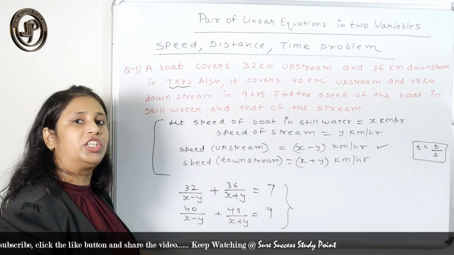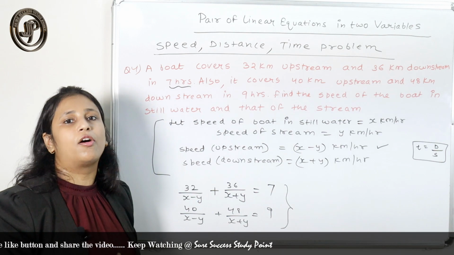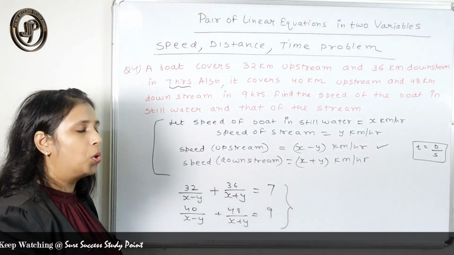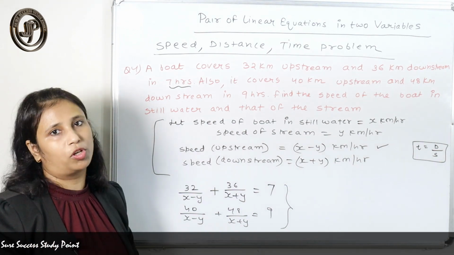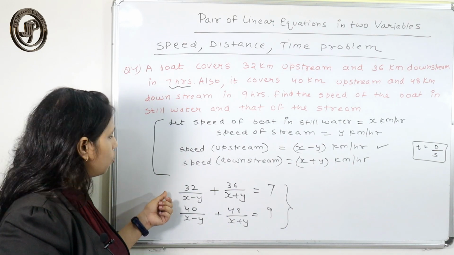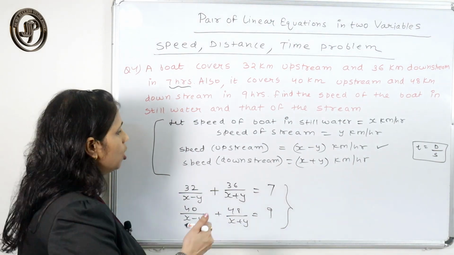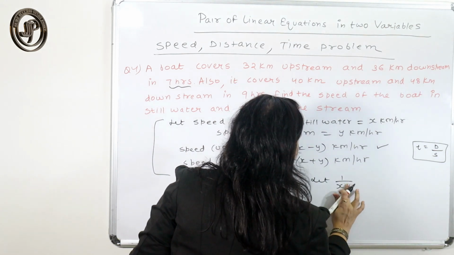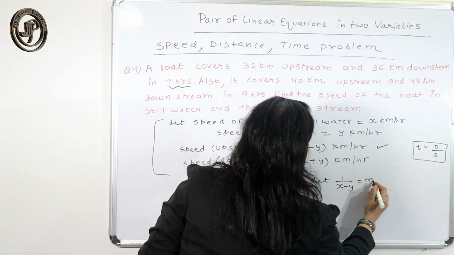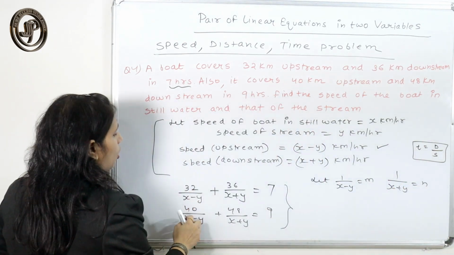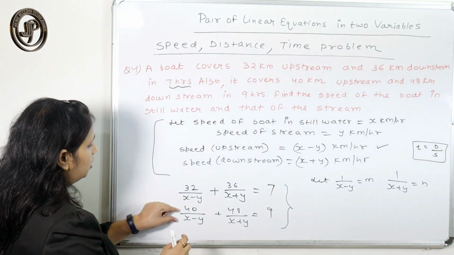We did these types of questions in our previous episode. If you don't know how to solve this, you can go to that episode also. I think in the 3rd or 4th episode we did this type of question. So how do we do this question? By taking x minus y as m and x plus y as n, because these are similar things.